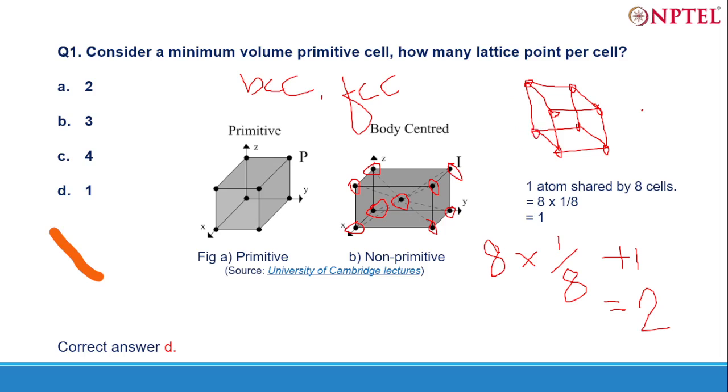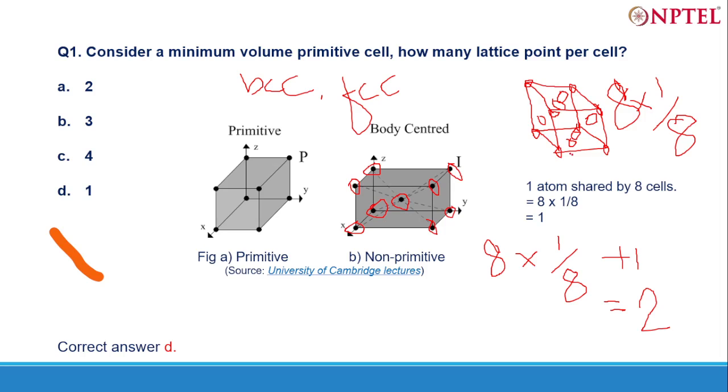So we have atoms here, and in case of face centered, on each face we have one atom. This is shared by 2 cells. You can see one cell will be here that is sharing this atom. So 8 into 1 by 8, that is, one atom at the corner is shared by 8 cells.